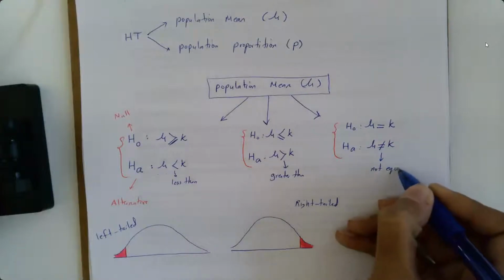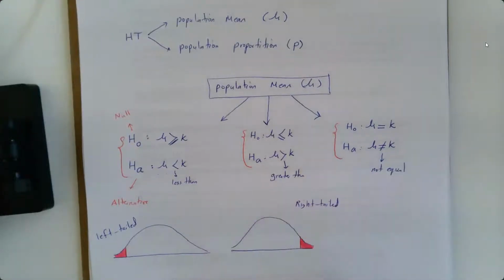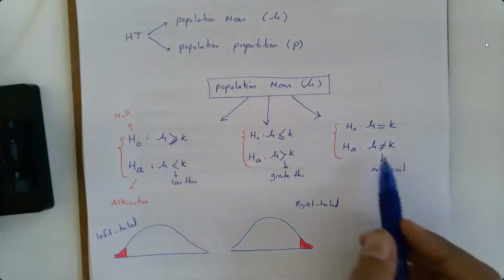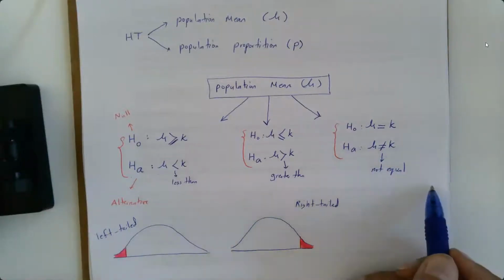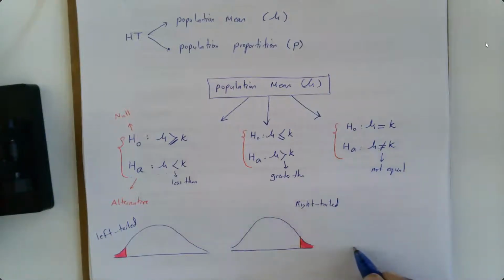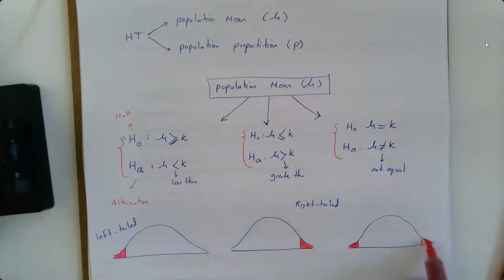Not equal. So when it's not equal, it means that it's either on the left or on the right. So we're going to have a two-tailed graph. It means that we shade a little bit on the left and a little bit on the right of our graph.